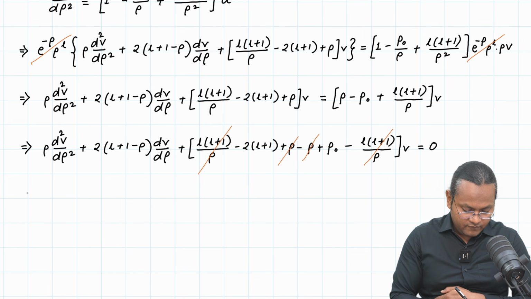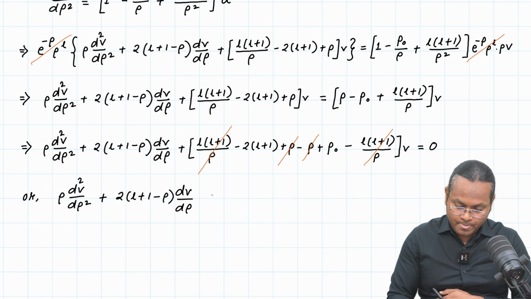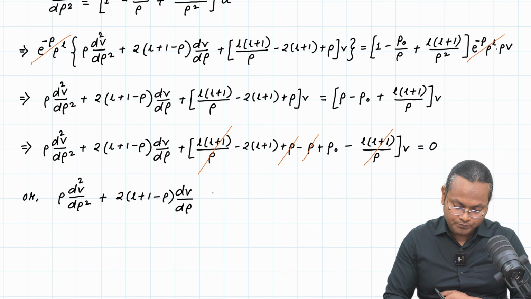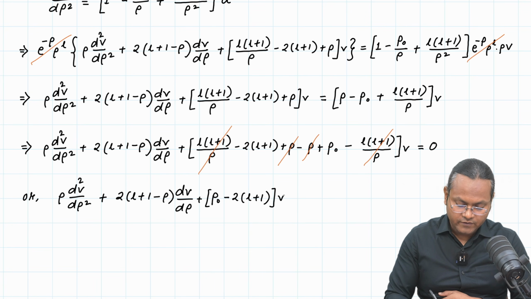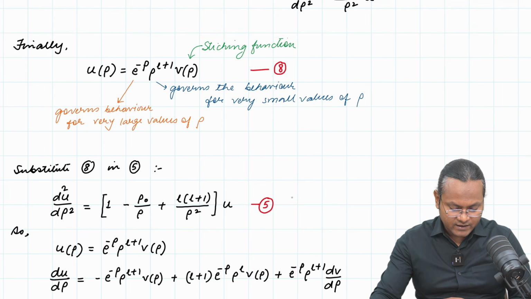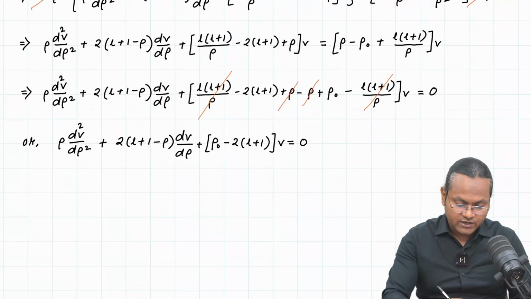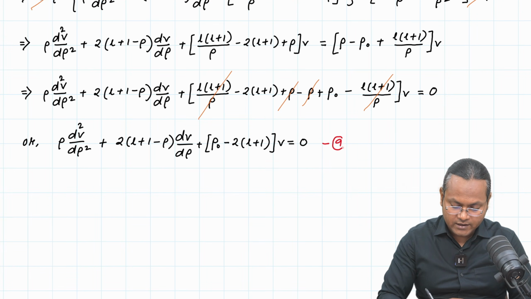And we are finally left with rho d2v upon d rho 2 plus 2 L plus 1 minus rho dv upon d rho. And here we have rho naught minus 2L plus 1 times v equals 0. There you have it. The differential equation number 5 has now been written with the stitching function as this particular equation number 9.